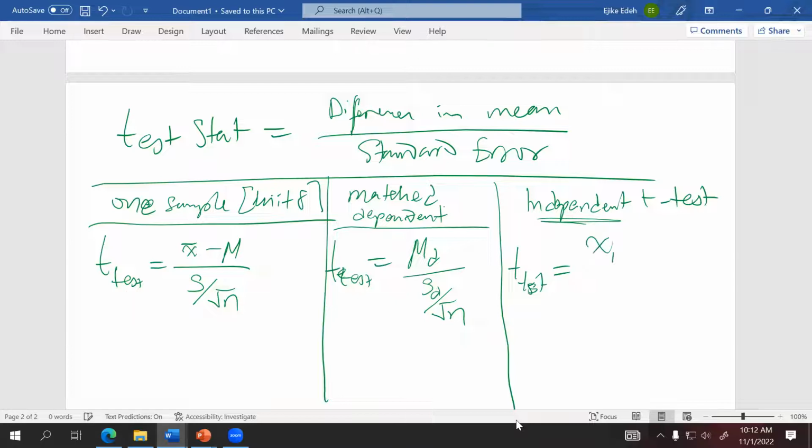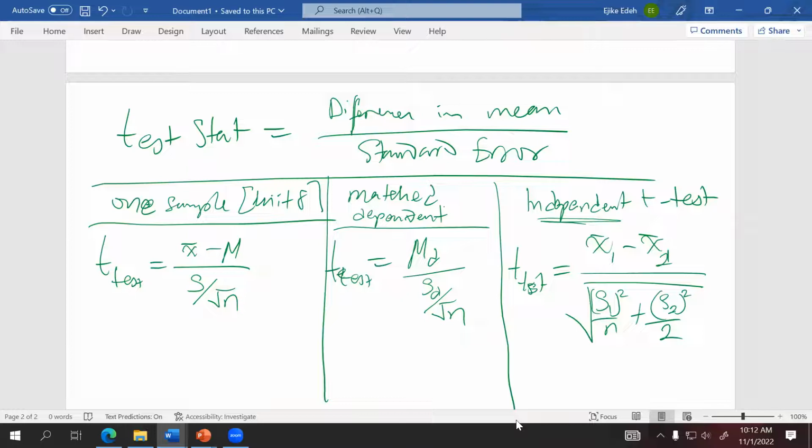So here we have group 1 minus group 2 mean, because they are different, I'm going to keep them different, right? Divided by the square root of variance of group 1 plus the variance of group 2. Right? So if you understand this naturally this way, that is one thing to distinguish in the assessment.